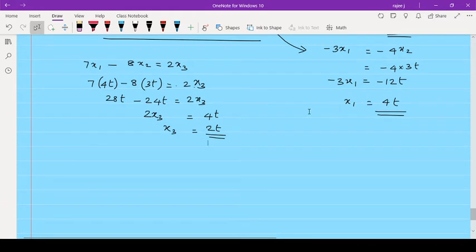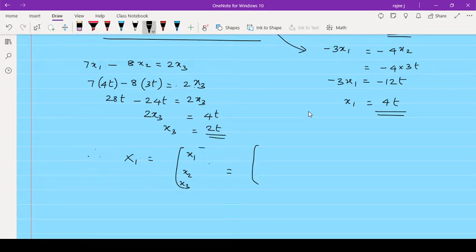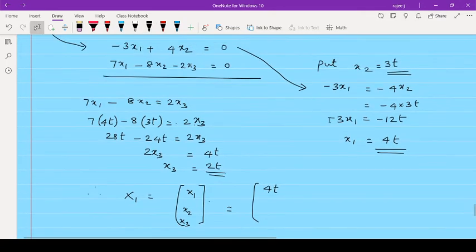Therefore x, our vector, was x1, x2, x3. So that is equal to x1 is 4t, x2 is 3t, and x3 is 2t.